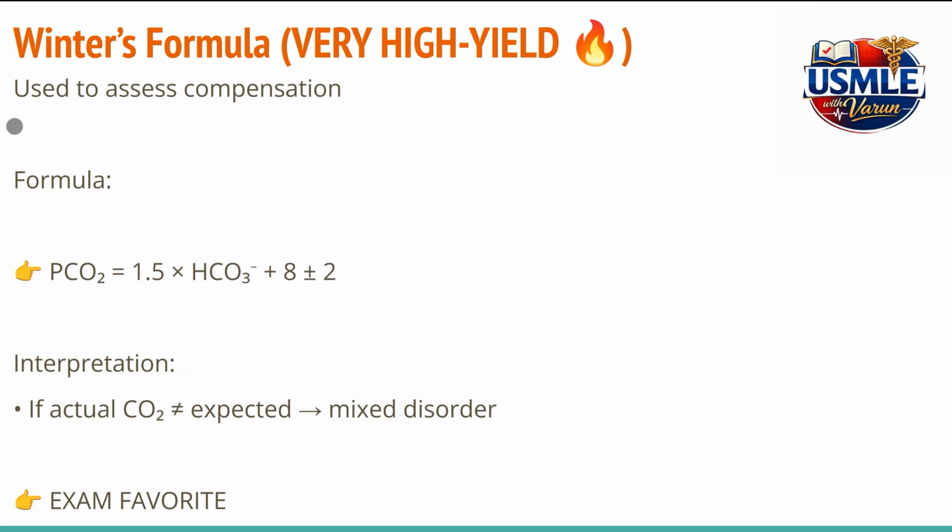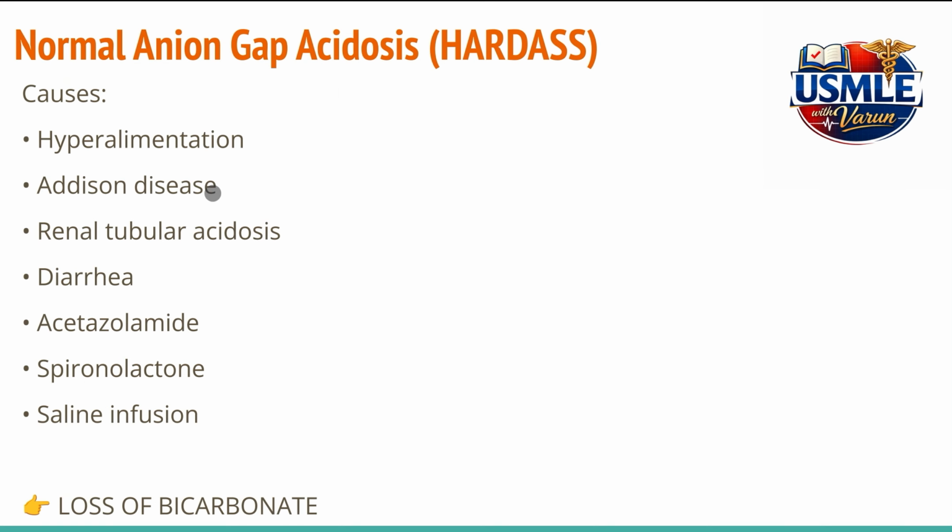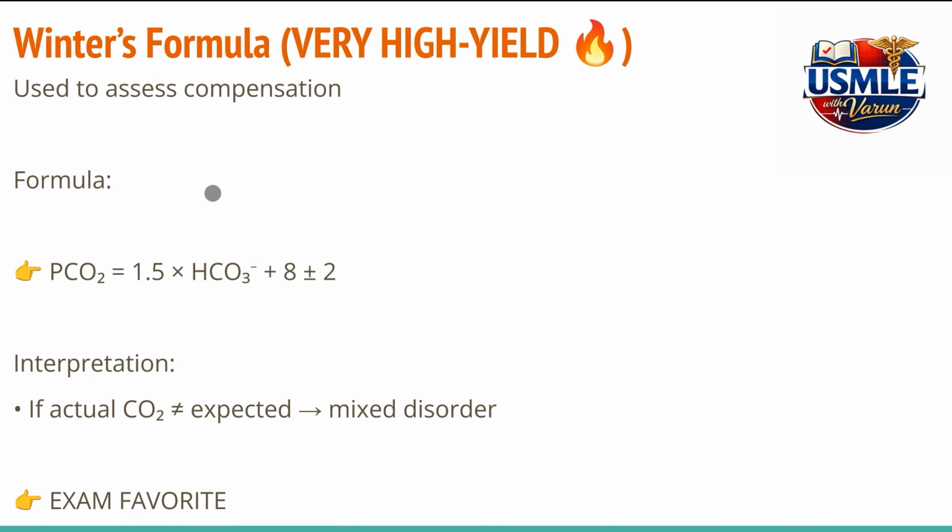We can also predict how much compensation is needed using a formula called the Winter's formula. Whenever there's metabolic acidosis, our body tries to compensate with the respiratory system, so there's a compensatory respiratory alkalosis.